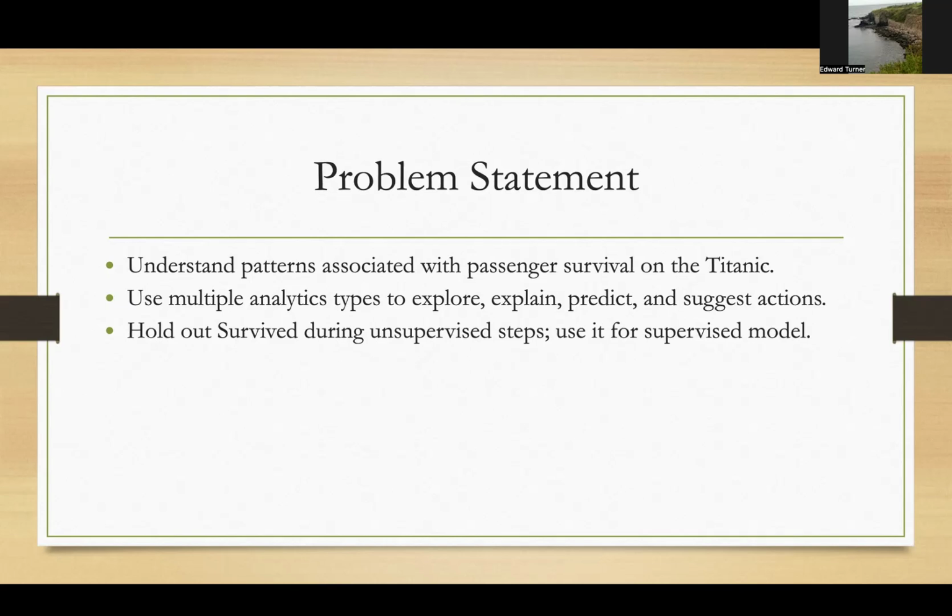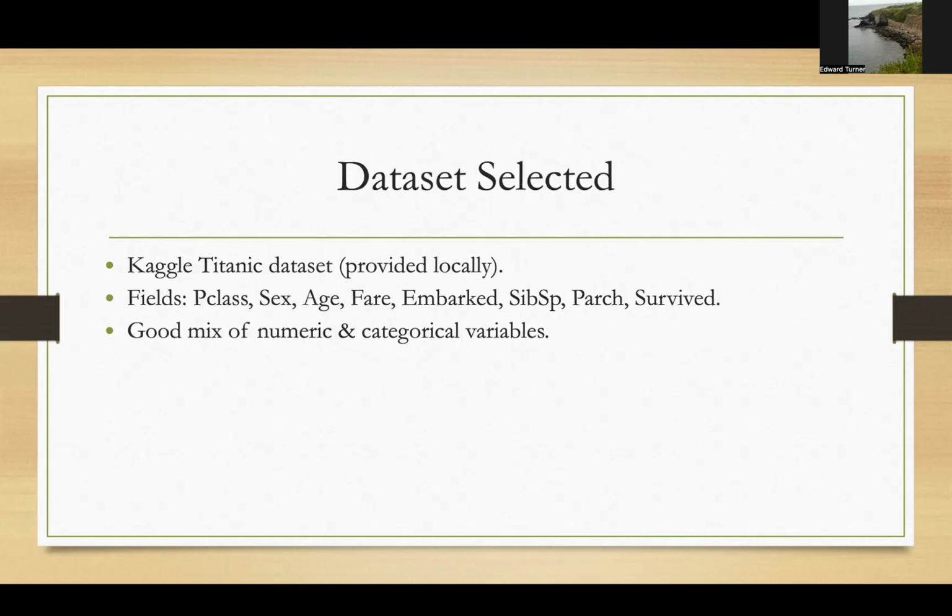We're going to look to predict the likelihood of this particular attribution of survival and suggest maybe course of actions based on what we've discovered and learned. And we're going to have a holdout set during our unsupervised approaches and use it for a supervised model. Again, the predictive aspect. So we're going to look at these three things and try to understand what it means to survive on the Titanic.